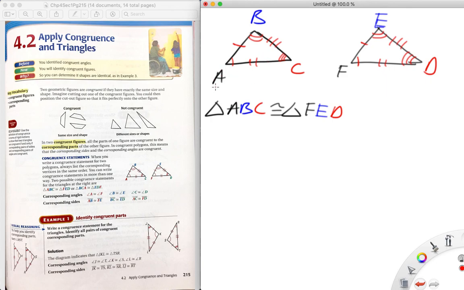Here's the corresponding, right? A has one marking, F has one marking in terms of the angle, so F correlates to A.